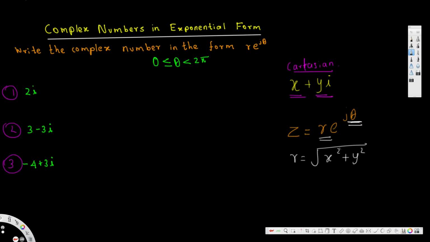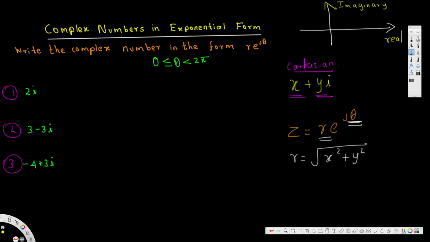Now let's look at this one in a graph. When we look at this in a graph, you will clearly see this. In a graph, the y-axis is the imaginary axis and the x-axis is the real one.